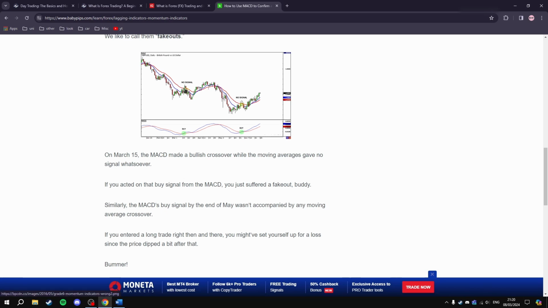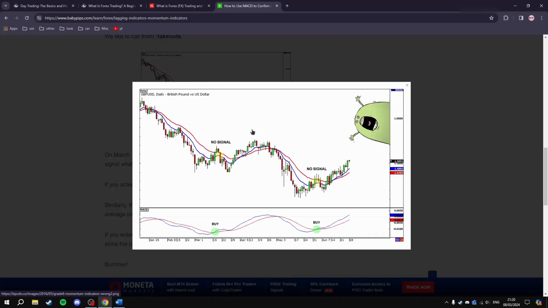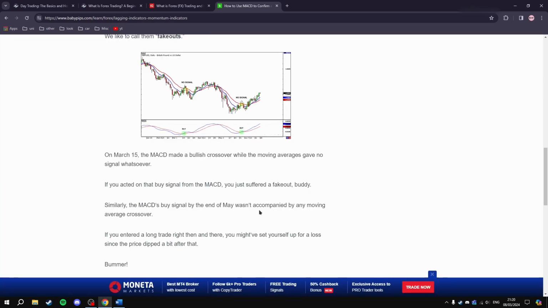Similarly, because there's a downtrend happening later, the MACD's buy signal at the end of May, here, wasn't accompanied by any moving average crossover, but there was an actual upward trend though. If you entered a long trade right then and there, you might have set yourself up for a loss since the price dipped a bit after that.